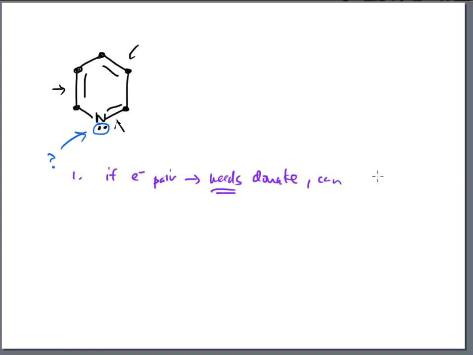If this happens, then we say, yes, we need to count that electron set, and this is also a sign that this atom is sp2 hybridized. If the atom has an electron pair and it doesn't need to donate it, then no, we don't count that as an extra set or an extra double bond.